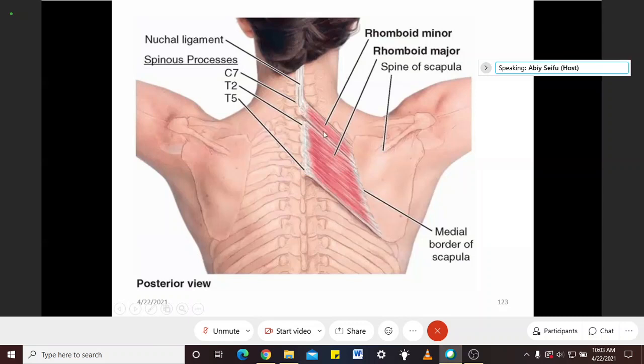Look, the minor one, found superiorly, is inserted on the superior part of the medial border of the scapula until the level of the spine. Inferior to it, up to the inferior angle of the scapula, the rhomboid major is inserted. Both are innervated by the dorsal scapular nerve, a branch arising from the brachial plexus.